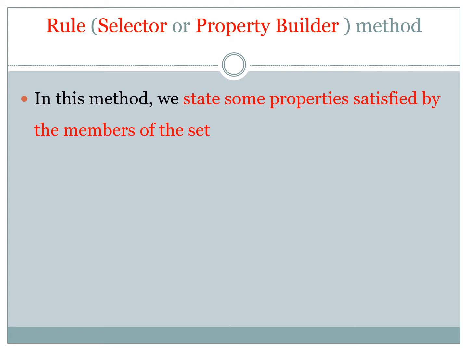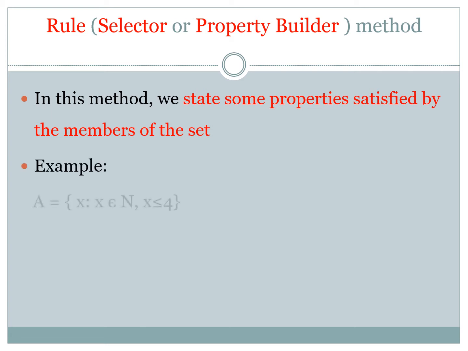So, by seeing the properties, we can clearly understand whether a member belongs to the set or not. But we do not mention which are the members of the set.